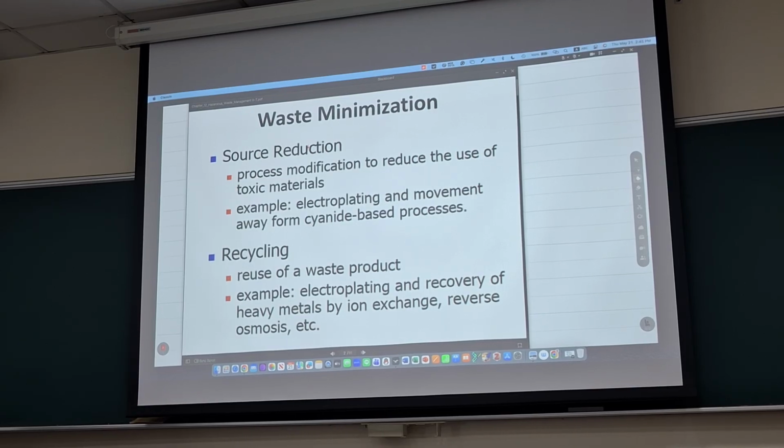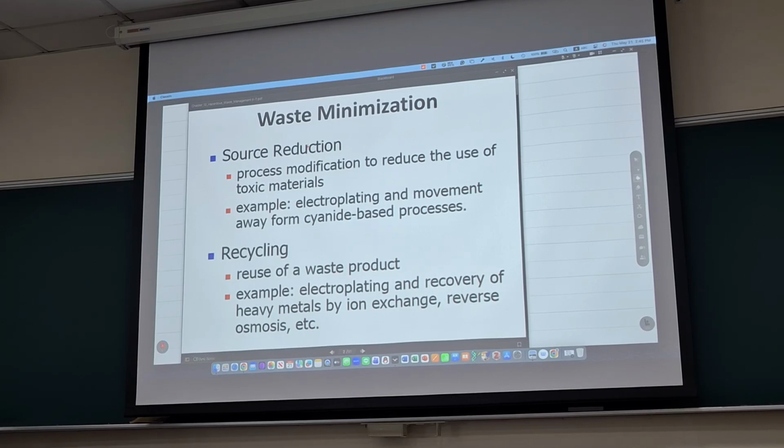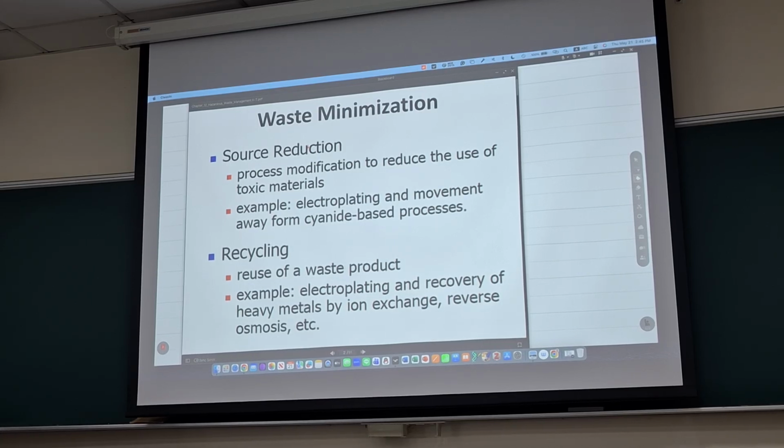So first of all, let's talk about how to minimize the waste. As I mentioned previously, try to reduce from the source, right?